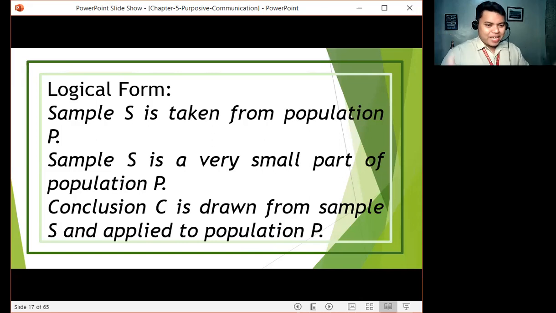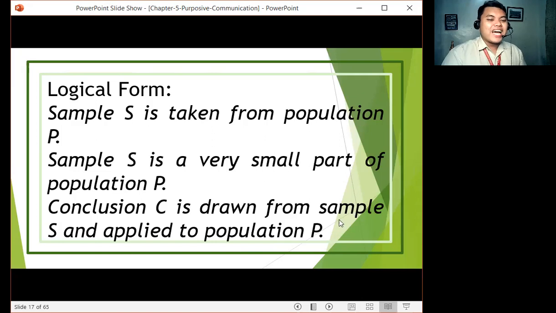Okay? Another example. There is an ordinance implemented in your barangay. And the implementation was taken from your barangay captain and councilors only, without considering the purok leaders and all other officials.